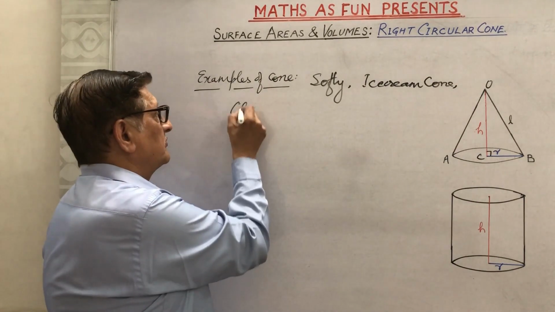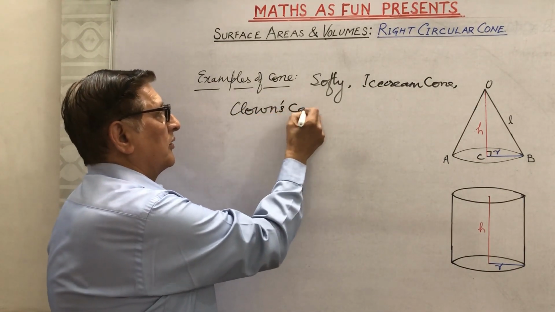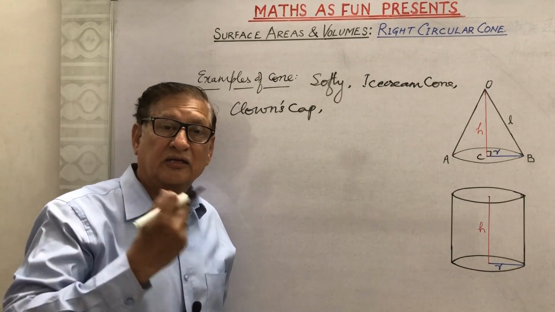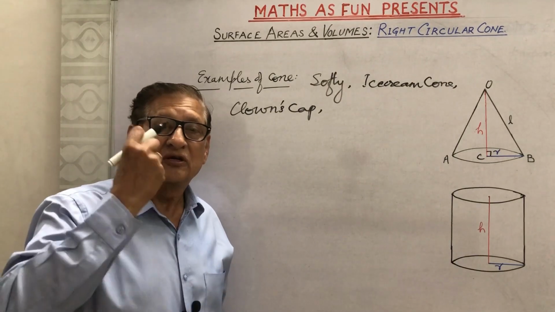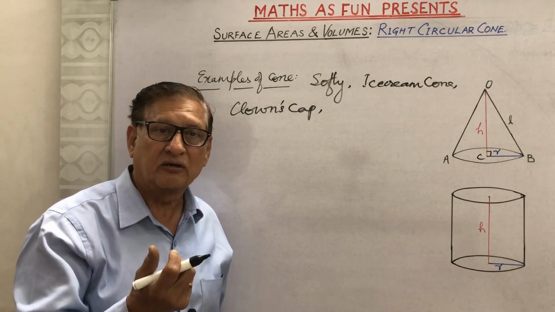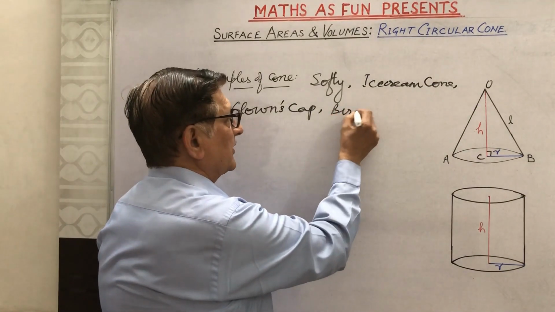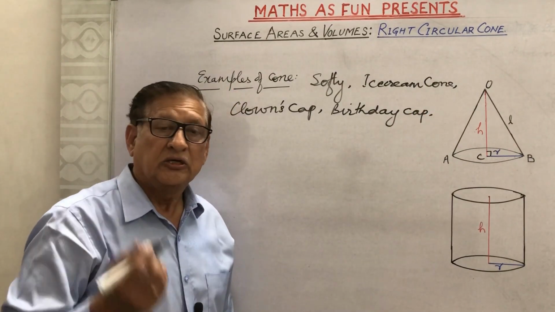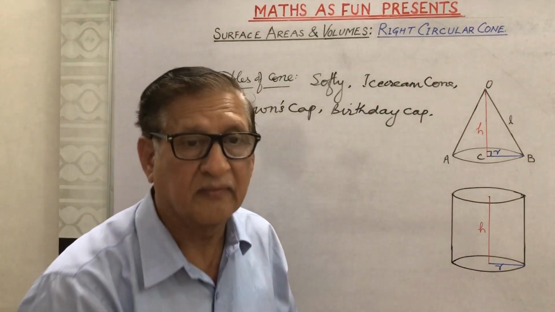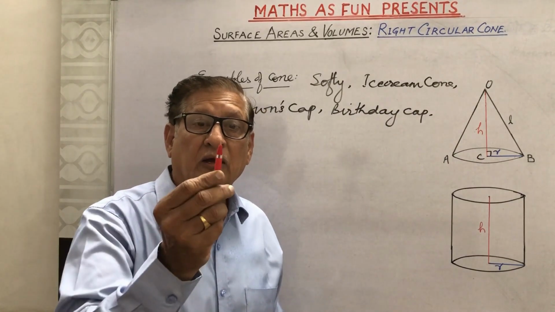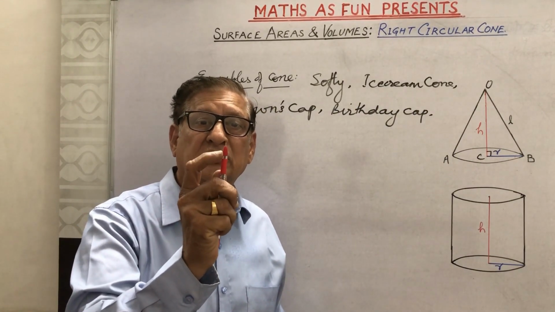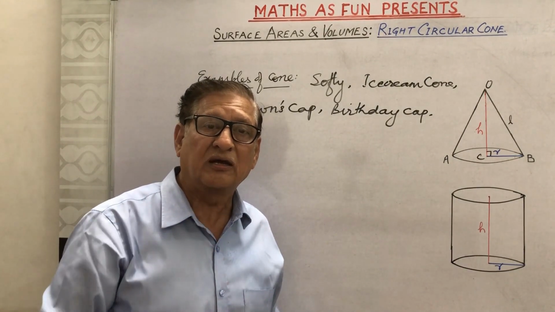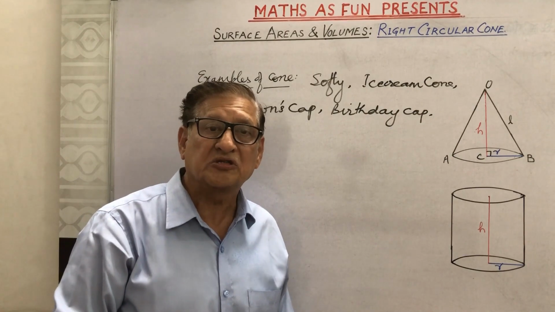Then clown's cap is also conical, you might have seen. And also in the birthdays of children we use different colored caps, they are conical. So we can say birthday cap is also conical. See your pens. If you see this pen, you are finding the tip of this is also conical. So we find many of the examples all around us in daily life which are conical in shape.